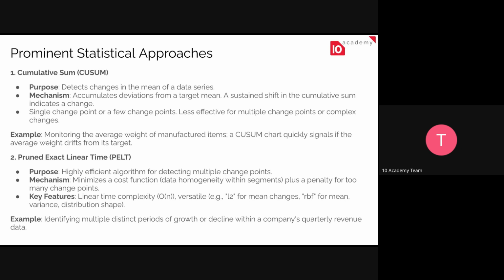If you look at your current data set, you can see it has a lot of change points. One example of this usage could be monitoring the average weight of manufactured items, which could show you if there is a shift from the mean weight.